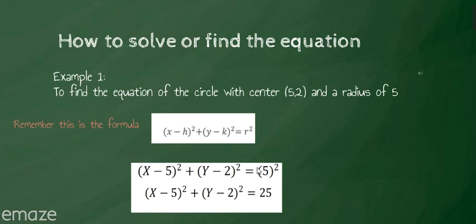So, the 5 squared is the radius. I need to do the operation, so I get this equation: (x - 5)^2 + (y - 2)^2 = 25. Well, you can leave the equation in this way, or you can develop the equation with a binomial rule.